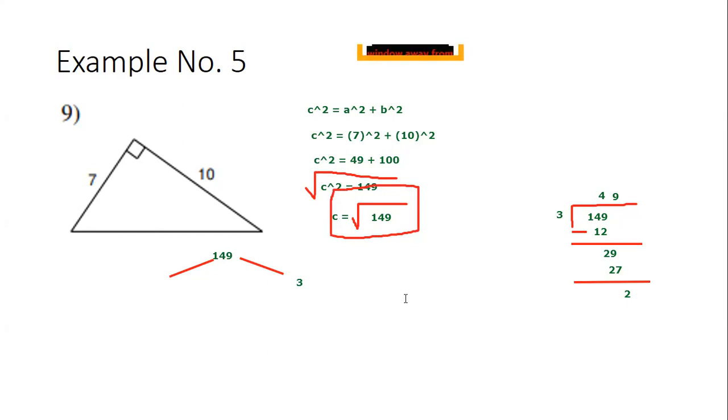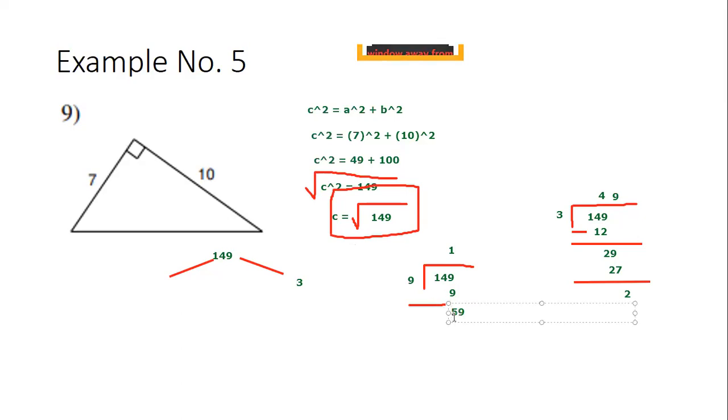Okay, we can also try 149. We divide it by 9. Let's see if we get a whole number here. So 149 divided by 9. So 14 divided by 9. How many 9s are needed to get a product of 14? Only 1. 1 times 9 is 9. And 14 minus 9 is 5.